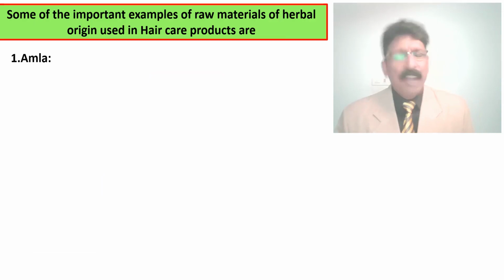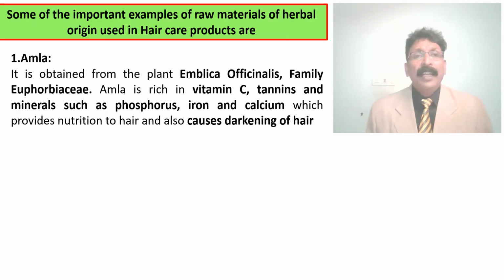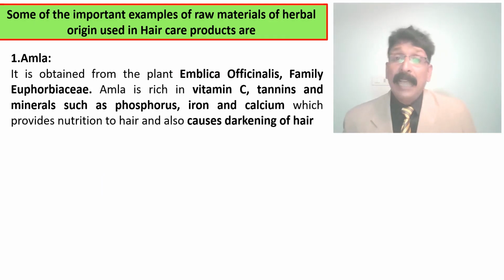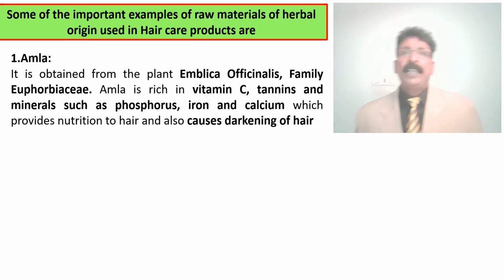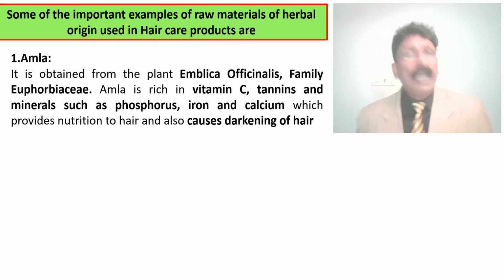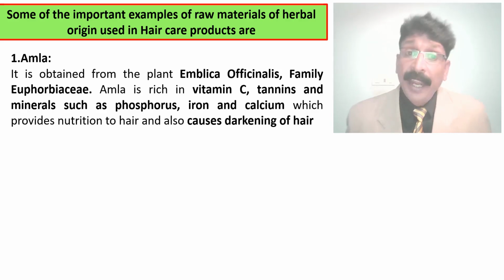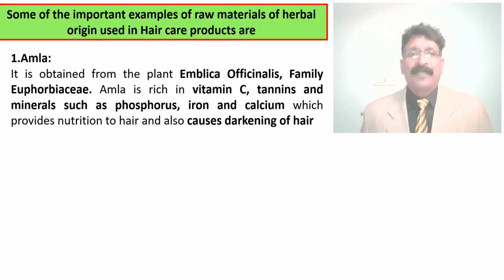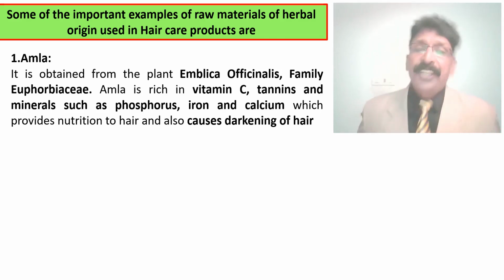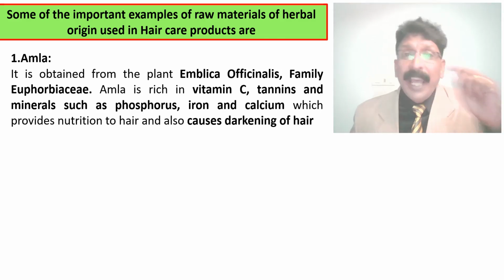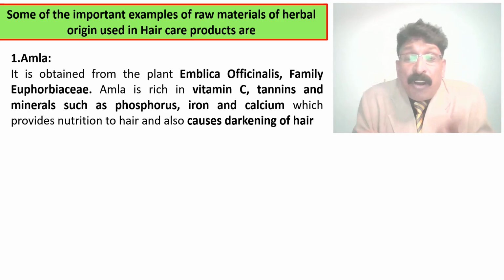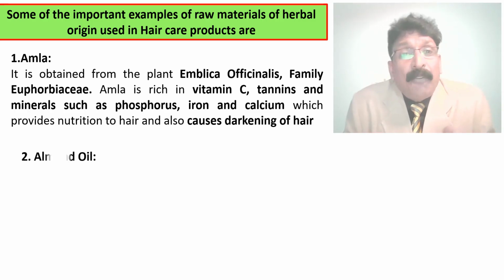Short form. Amla. It is obtained from the plant Emblica officinalis, family Euphorbiaceae. Amla is rich in vitamin C, tannins and minerals such as phosphorus, iron and calcium, which provide nutrition to hair and also cause darkening of hair.